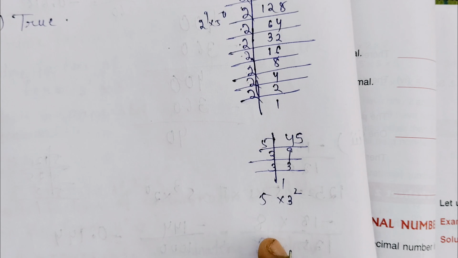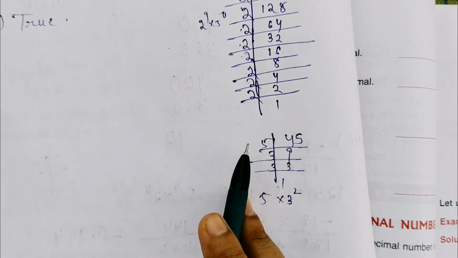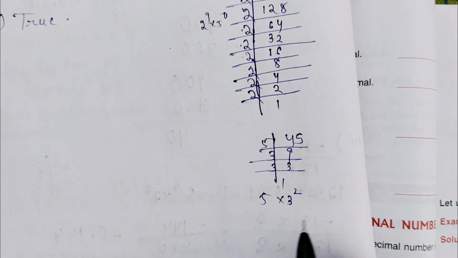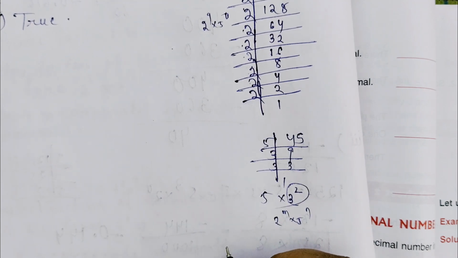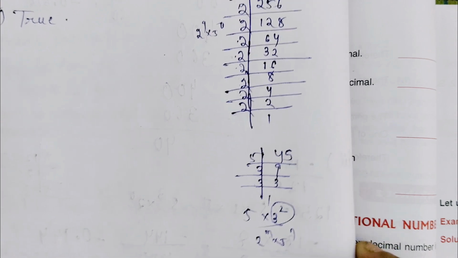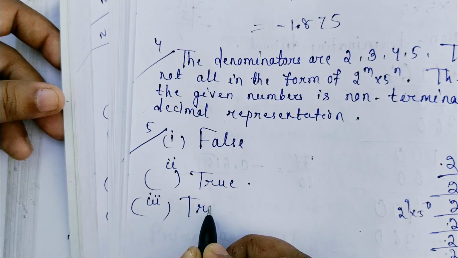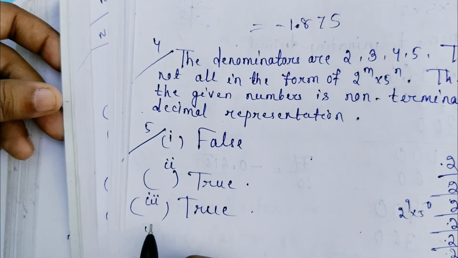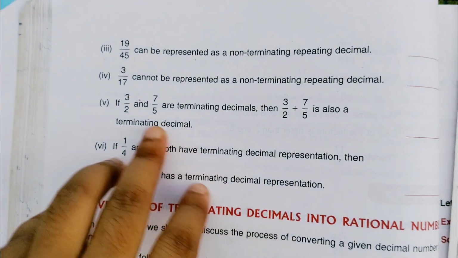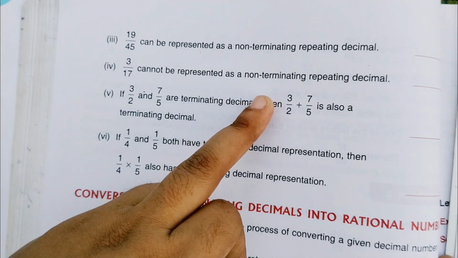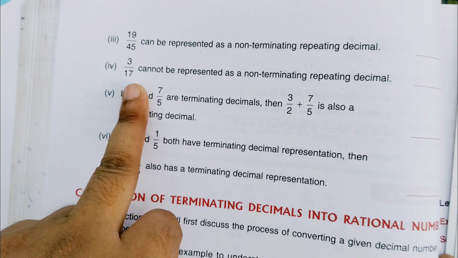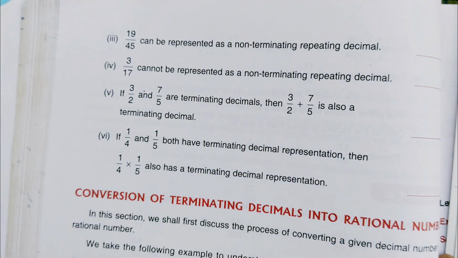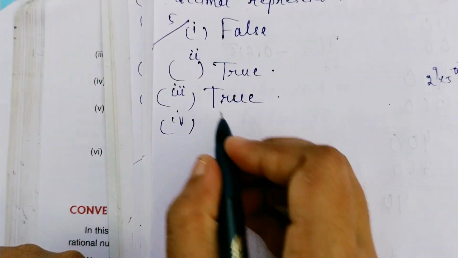The prime factors of 45 are 3 and 5, not in the form 2 to the power m into 5 to the power n because of the 3. So it cannot be represented as a terminating decimal number, so it is true. Then another point, 3 by 17 cannot be represented as a terminating decimal number. It is true, because for 3 by 17 the prime factor 17 is not in the form of 2 to the power m into 5 to the power n. So it is a non-terminating decimal representation. The answer is true.